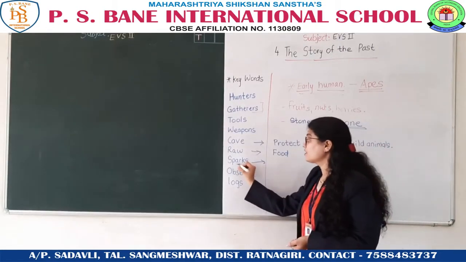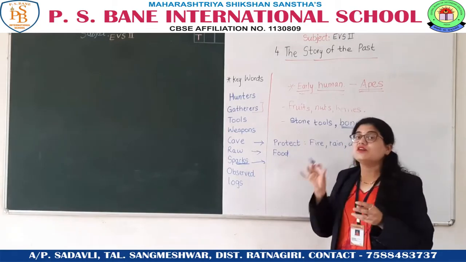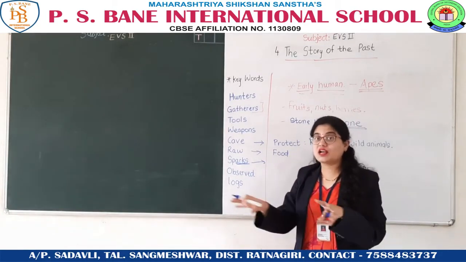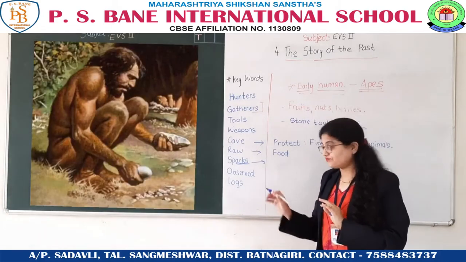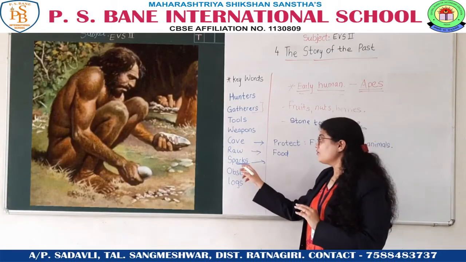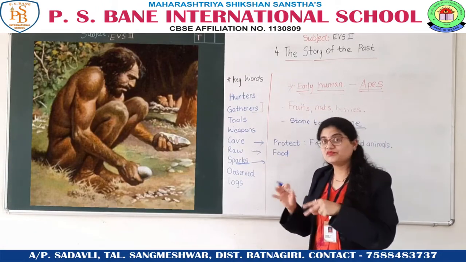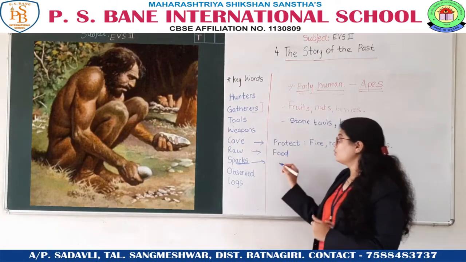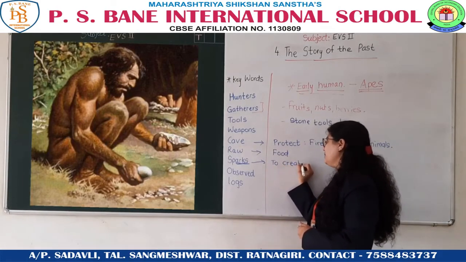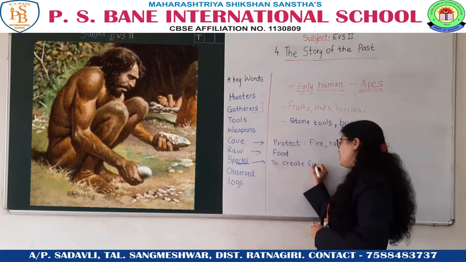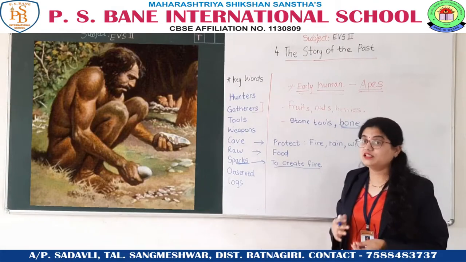They observed sparks, and when these sparks fall on the grass, that grass caught fire. This gave them the idea to create what? To create fire.